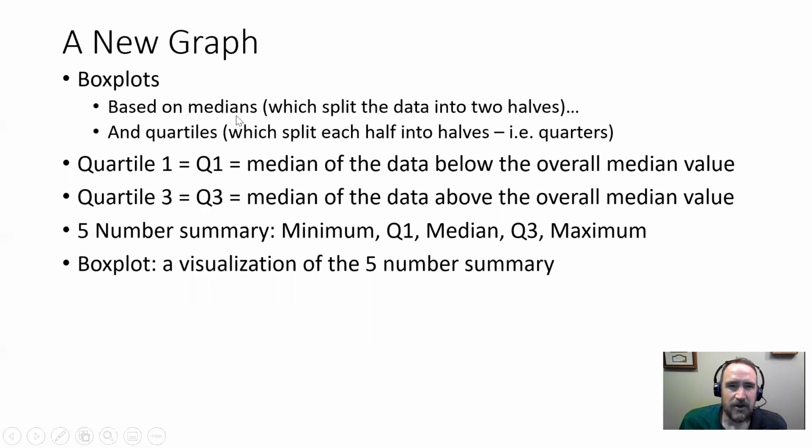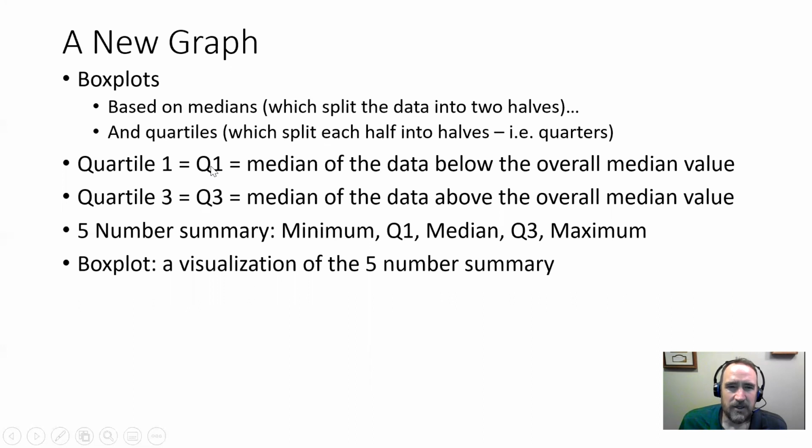Box plots are based on medians, which split the data into two halves. So we have the median is kind of the halfway point of the data, but then also based on quartiles, which split each half into halves, i.e. into quarters. So that's why we call them quartiles.